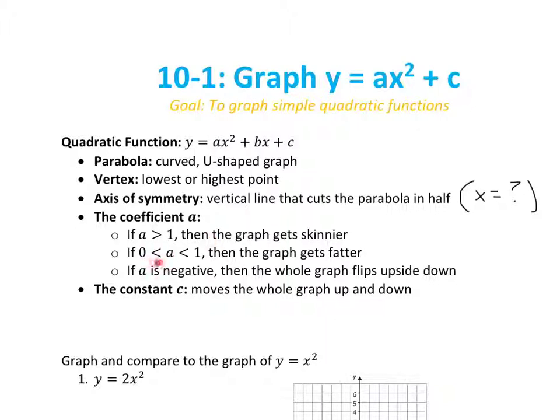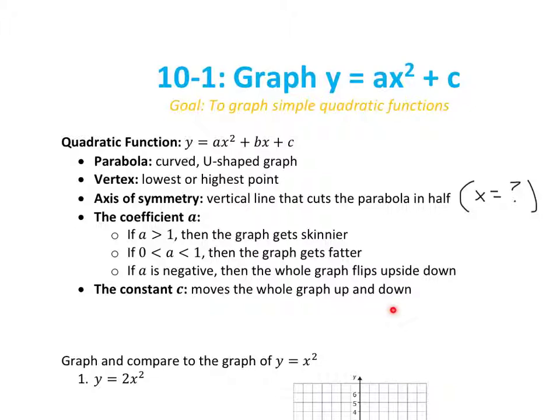If it gets closer to 0, so if it's a fraction or a decimal less than 1, then the graph is going to get fatter. If a is negative, you have negative x squared, and the whole graph is just going to flip upside down. Lastly, the constant c is going to move the whole graph up and down. It's our vertical shift that picks up the whole graph and moves it up and down. Basically, it takes that vertex and moves it.